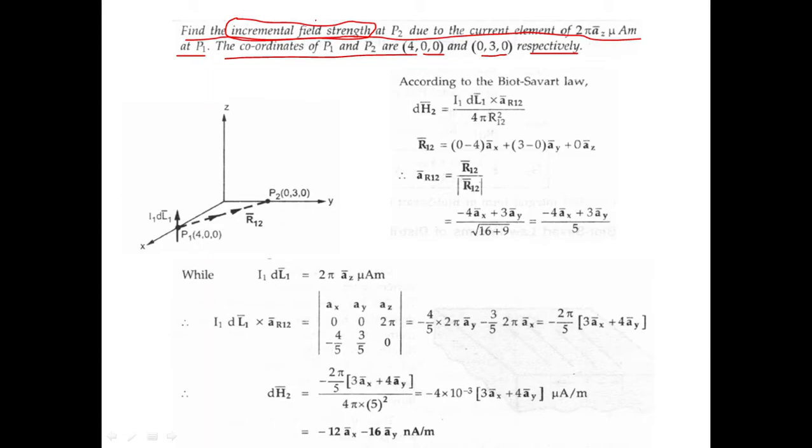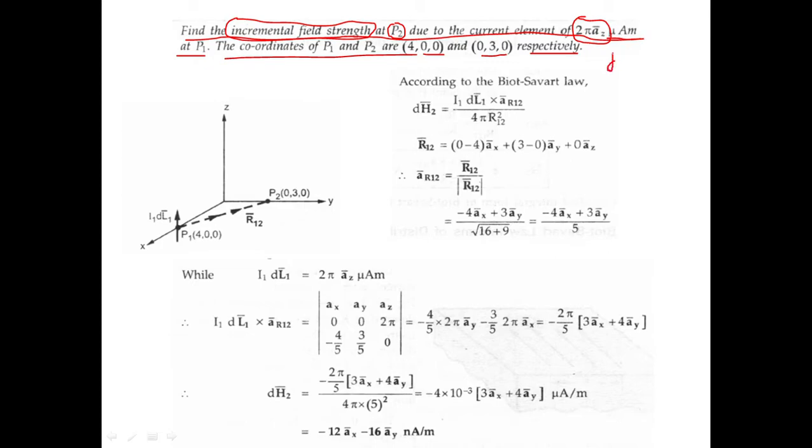So it is clear that we have to use Biot-Savart's law here. At which point? At point P2. So at point P2 we have to calculate dH, and where is the current element placed? The current element, that is I dL, is placed at point P1. You have to note here the unit for the current element is microampere meter.